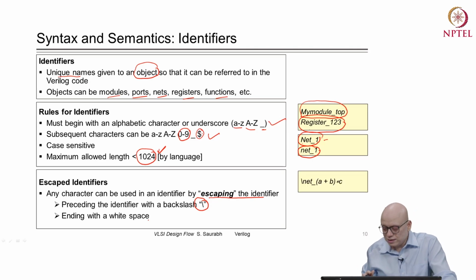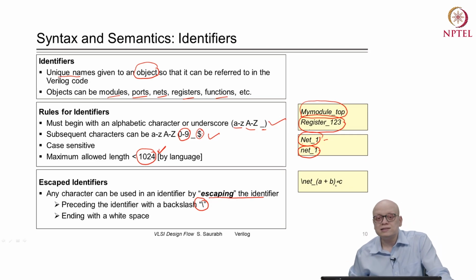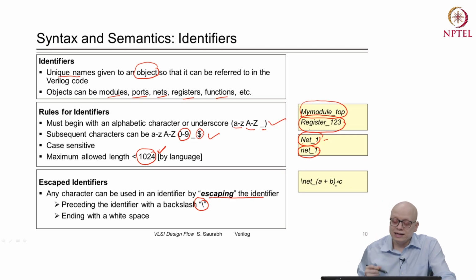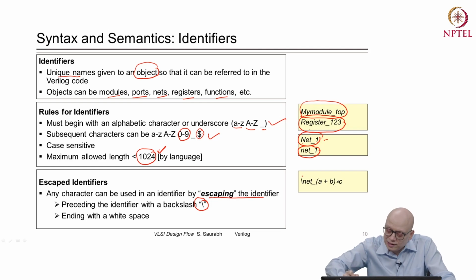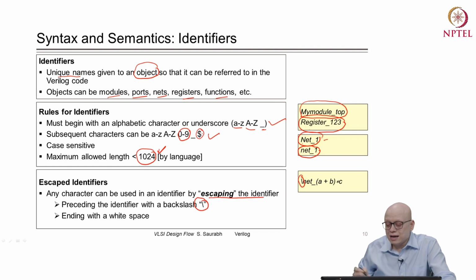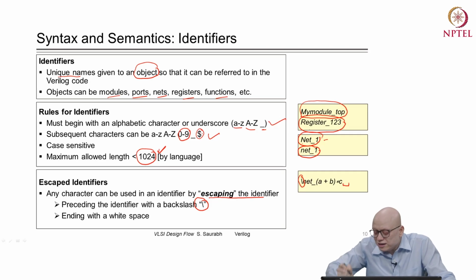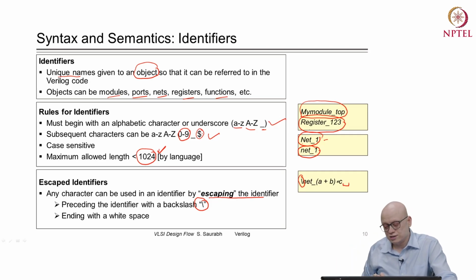For example, suppose I wanted to use the characters bracket, plus, bracket and star. These characters are not allowed in identifiers. But if we want to use them because they add more readability to my code, in that case I should start the identifier with a backslash and end with a space. A space is not visible here, but there is a space after this.